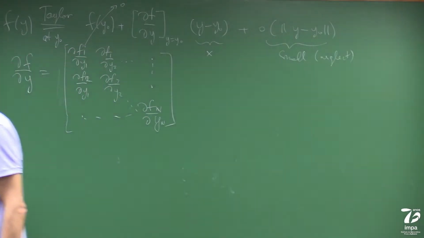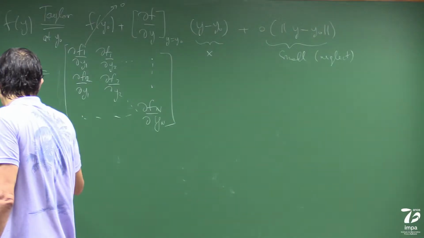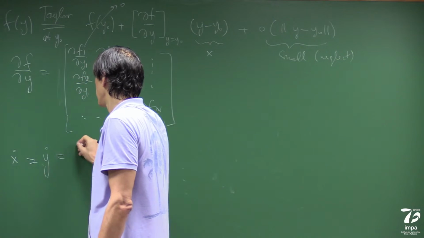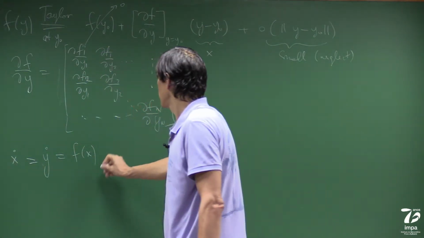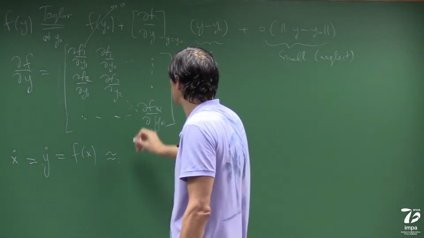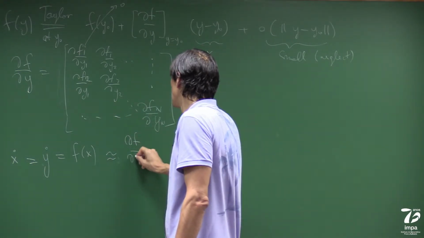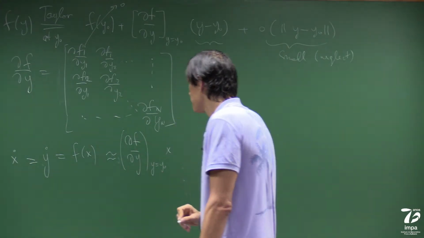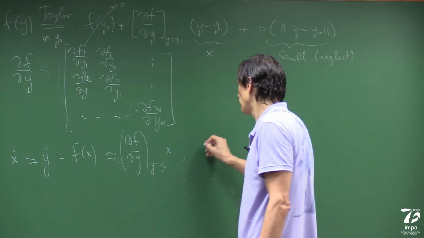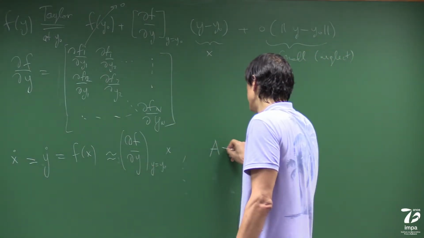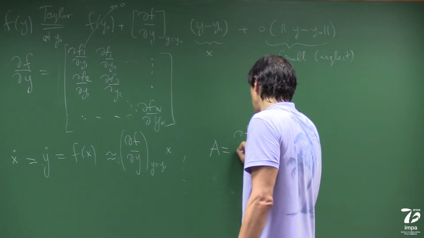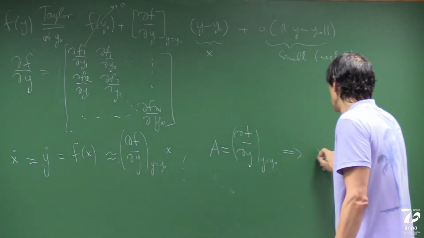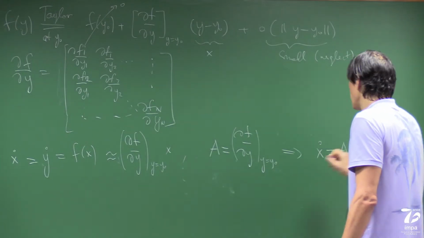So what we get is that x dot equal y dot equal f of x, and then what remains is this. So we call this matrix A, and get exactly the same equation.